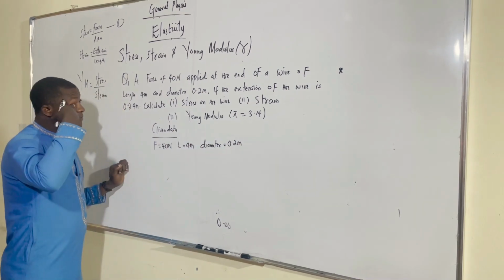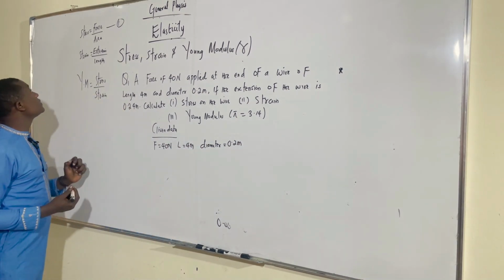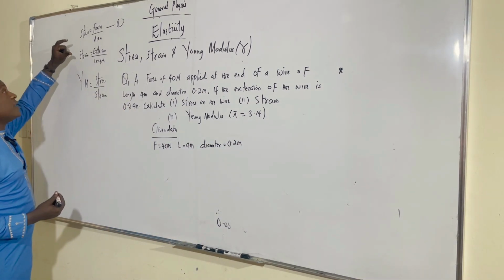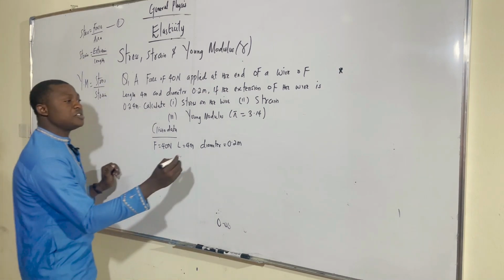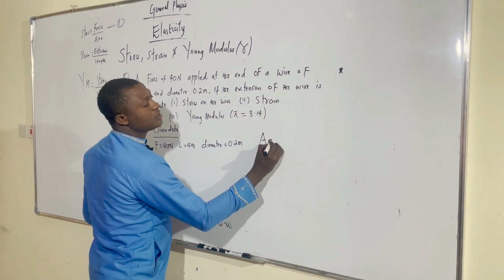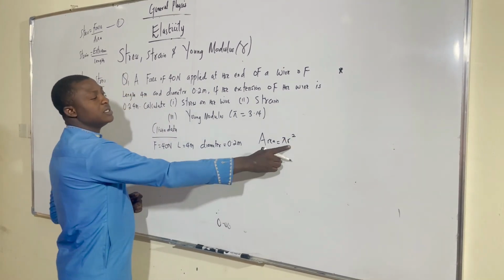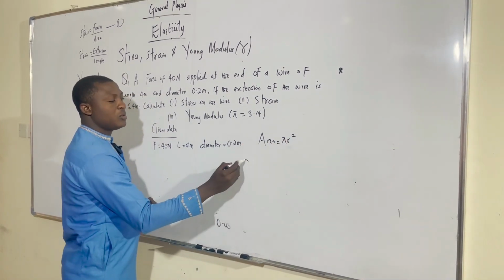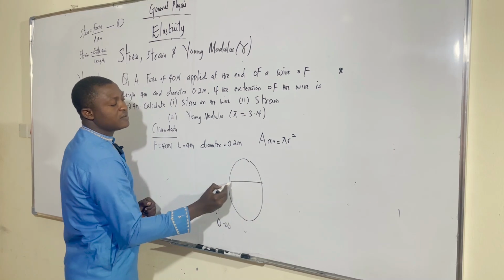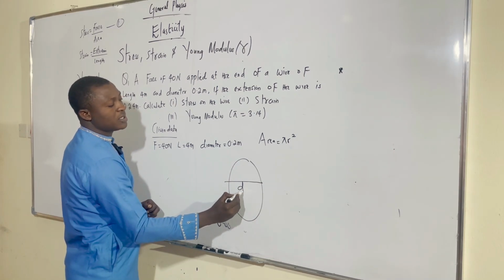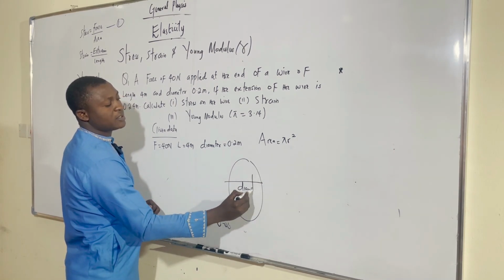Now, in the formulas, if you check the three, there is nothing like diameter there, but for area, I mentioned that area is equal to pi r square. The radius is not given, but we know when we have a circle, the line that divides the circle into equal parts is called the diameter, and half of that diameter is called the radius.